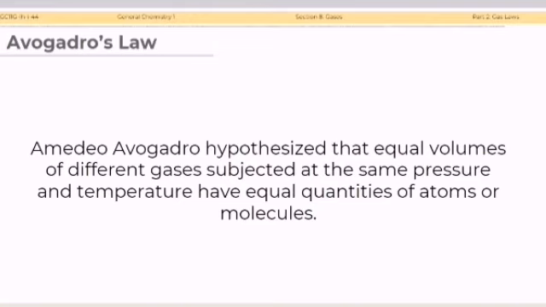Lastly, we have Avogadro's law, proposed by Amadeo Avogadro, who hypothesized that equal volumes of different gases subjected to the same pressure and temperature have equal quantities of atoms or molecules.